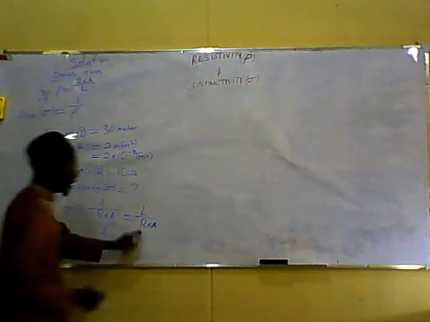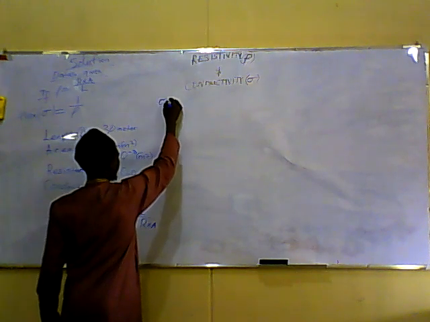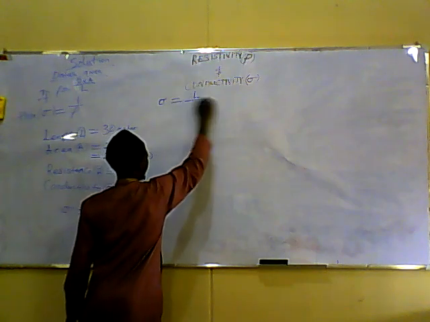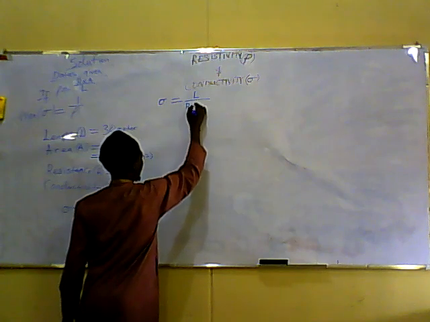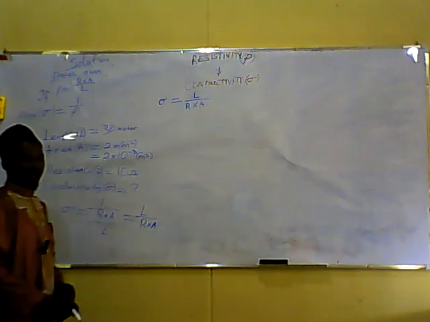So this is the formula that we'll be using. That is, conductivity, sigma, is equal to the length of the material divided by the resistance of the material multiplied by the cross-sectional area of the material.